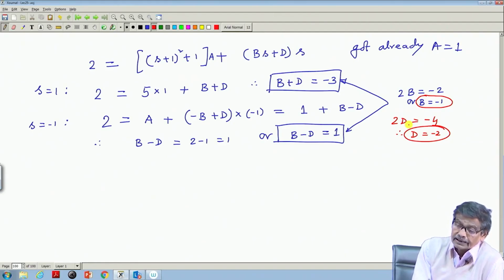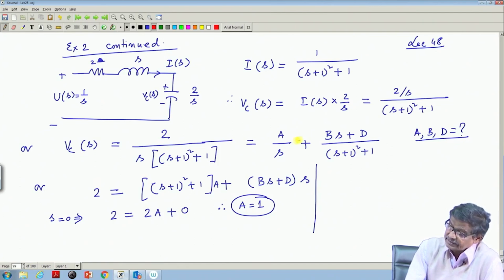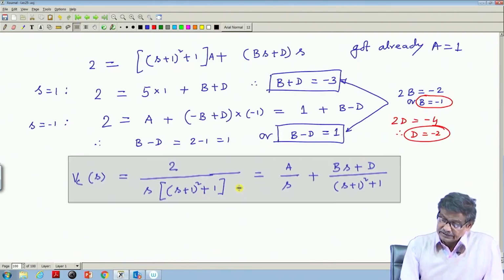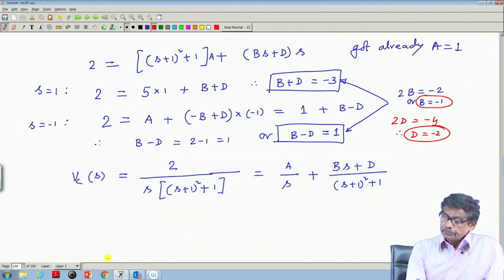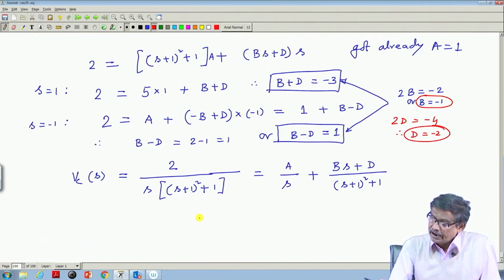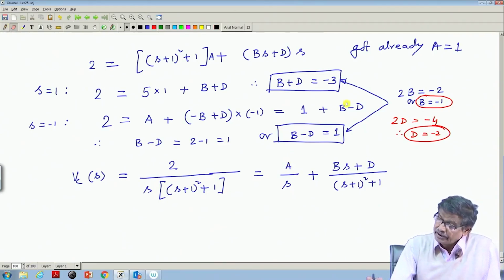Then I will say that VCS is this one, recall. So, this I will copy, it is now necessary. Got the point. So, VCS, now I have got the values of A, B and D. So, I will put it here. A, value of A was obtained to be 1.